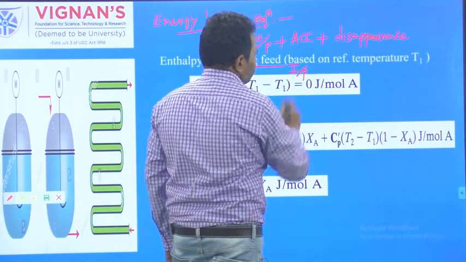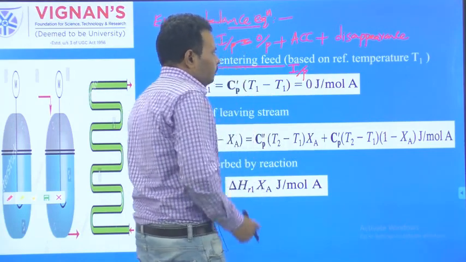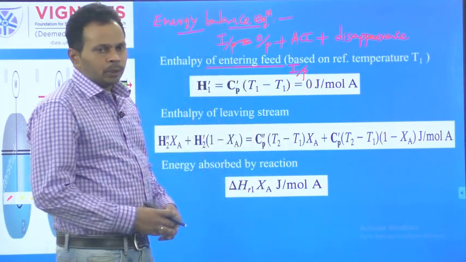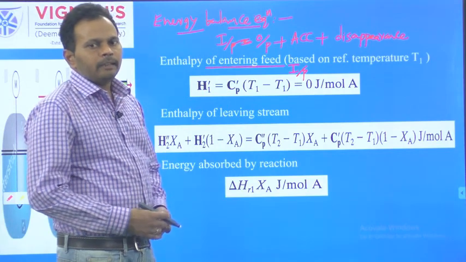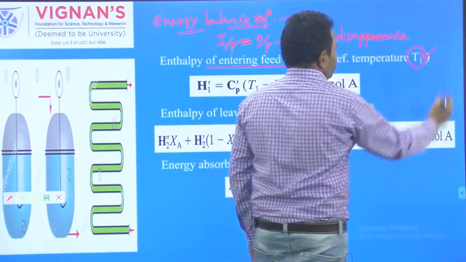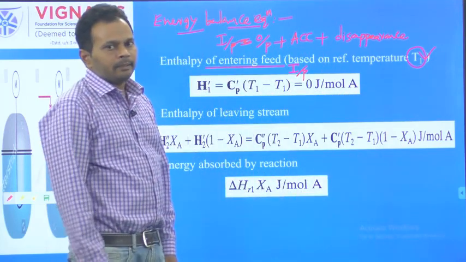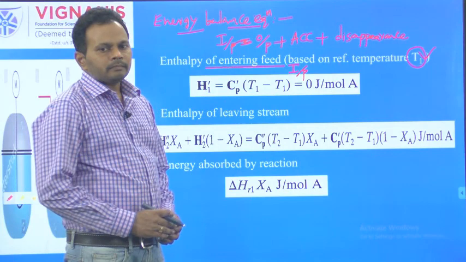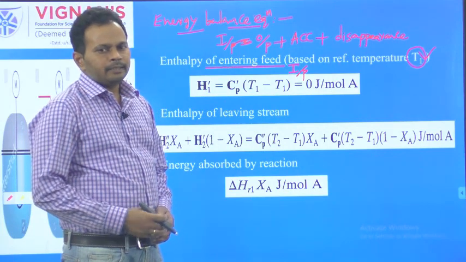To find the enthalpies of the reactants, we should know the reference value. Then only we can find the enthalpies. Here consider the reference temperature as T1. Based on the reference temperature, find the enthalpies of the feed stream, that is reactants.